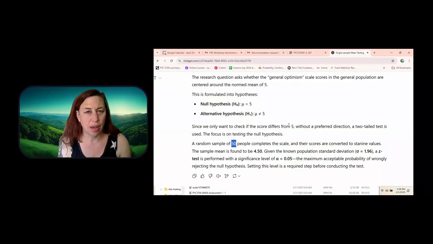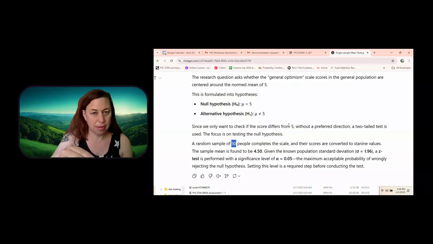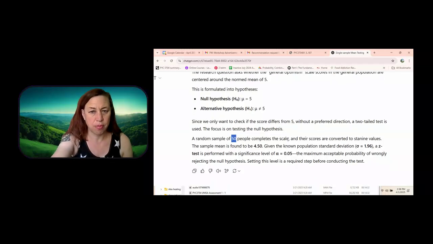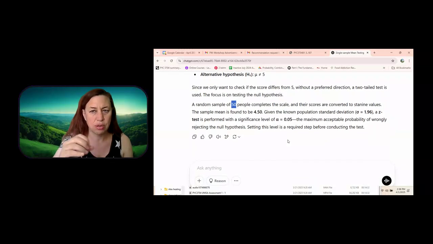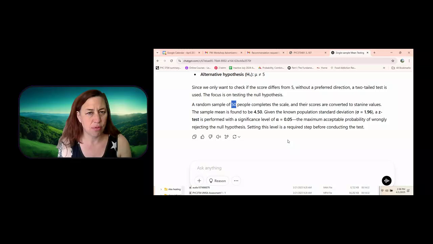Okay, and the alternative hypothesis is that the mean is not equal to 5. Since we only want to test if the score differs from 5 without a preferred direction, a two-tailed test is used. The focus is on testing the null hypothesis. A random sample of 50 people completes the scale, and their scores are converted to stanine values. The sample mean is found to be 4.5.